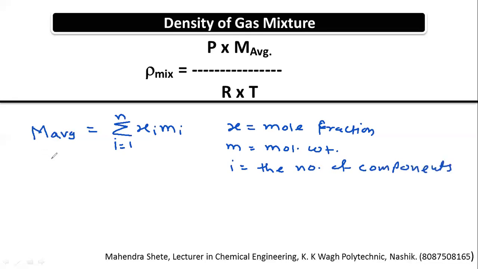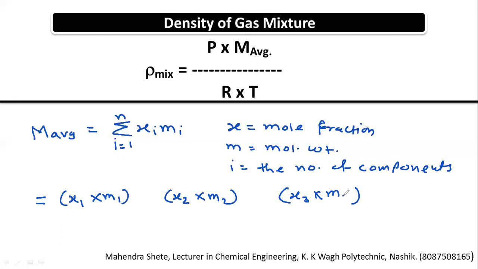For example, if we have 3 components in a gaseous mixture, then we have to calculate average molecular weight by adding the 3 chemical species: multiplying the mole fraction of first species by molecular weight of first component, then the mole fraction of second component into molecular weight of second component, and the mole fraction of third component multiplied by molecular weight of third component.